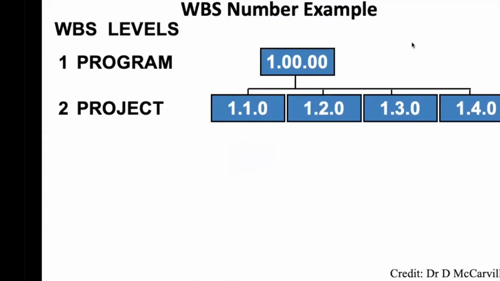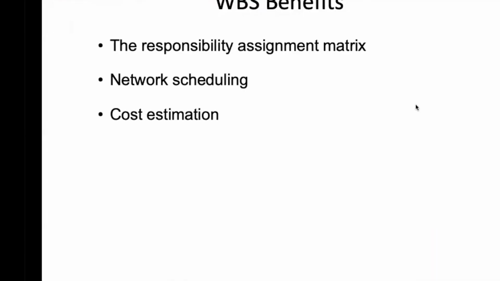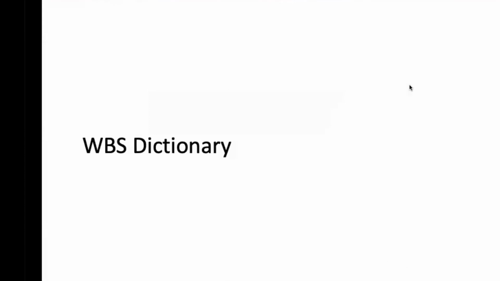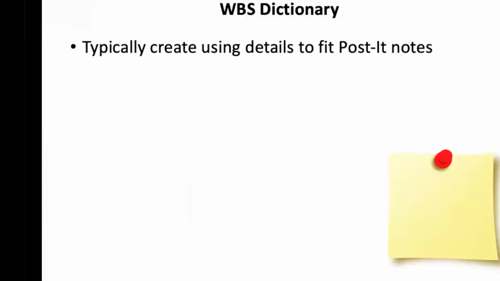Numbers, we already talked about the numbers. Benefits, you all know it now. Oh, somebody also mentioned, I think it was Ricky. We need a little bit more information, right? That's where the work breakdown structure dictionary comes really handy. We usually attach a dictionary to the WBS. That's called WBS dictionary. So it's a little bit more details about every box.